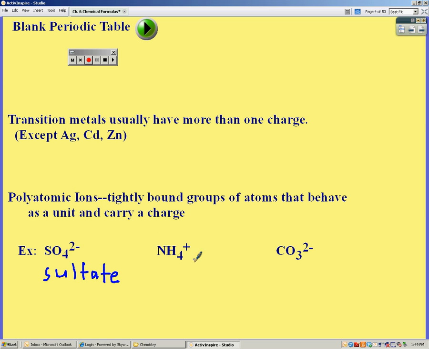This one is our positively charged polyatomic ion, called ammonium. And this one is called carbonate. Again, it ends in ate, and it also has oxygens in there. So you just have to memorize those names, and we will be having quizzes to make sure that you do.